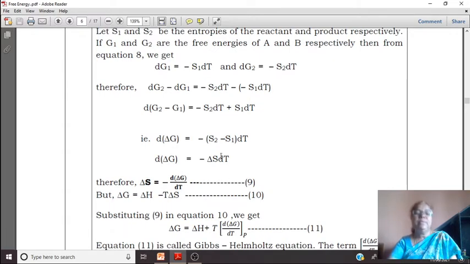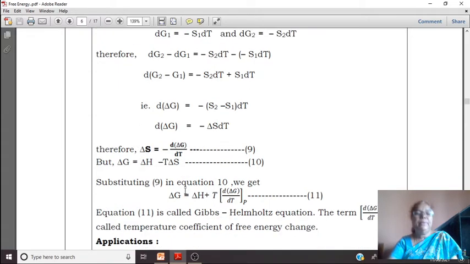Therefore, from this expression we can write delta S equal to minus d of delta G by dT. Delta S is equal to minus d of delta G by dT.